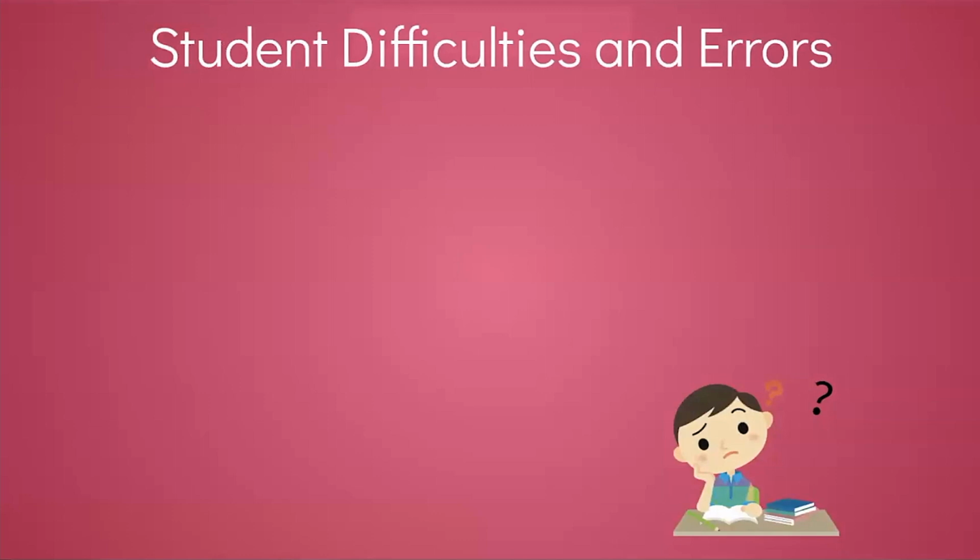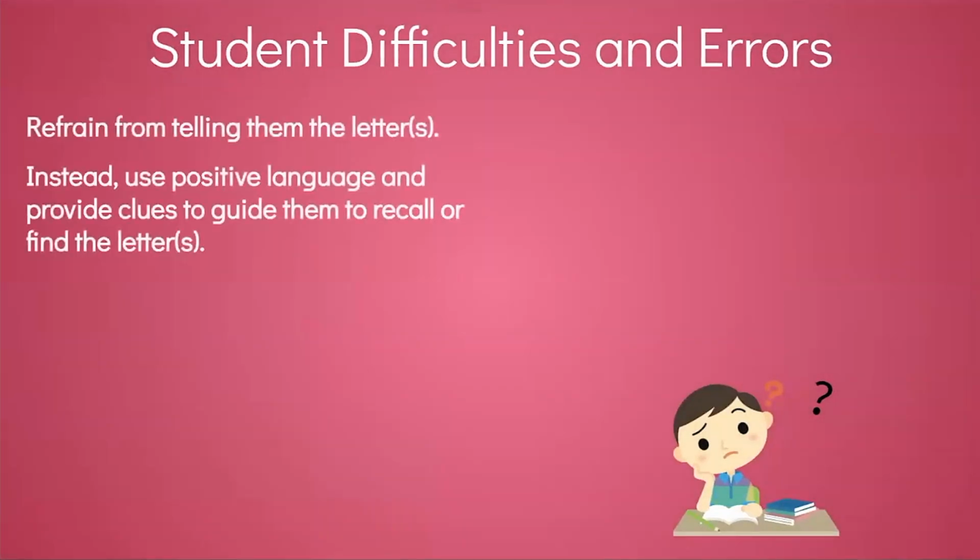So students may have difficulties recalling the letter or letters that make the sound. And when this happens, you want to refrain from telling them the letters. Instead, use positive language and scaffold the task by increasing the level of support with clues. So start by giving the picture name from the chart.